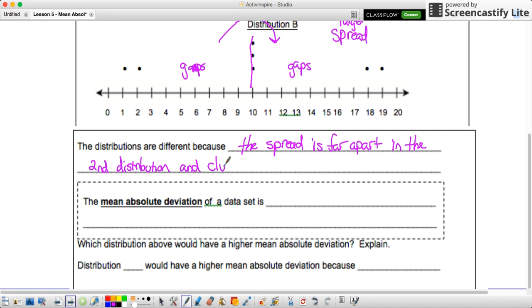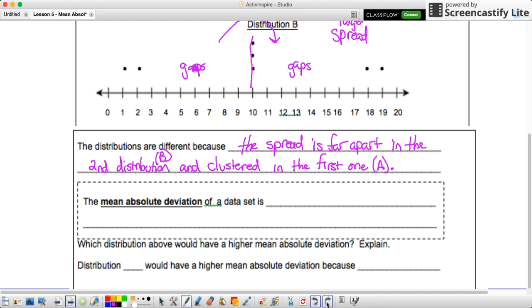And clustered in the first one, distribution A. We'll call that B.